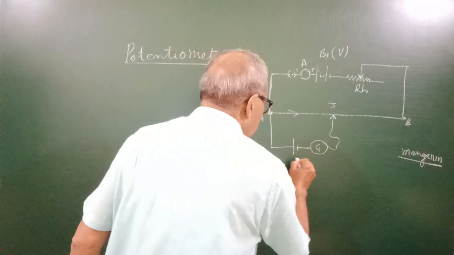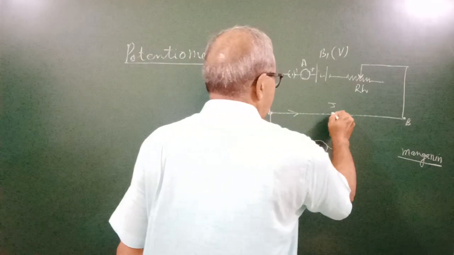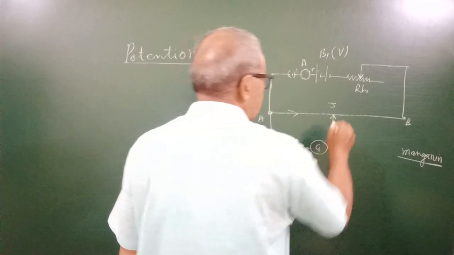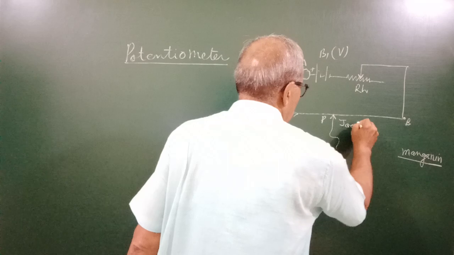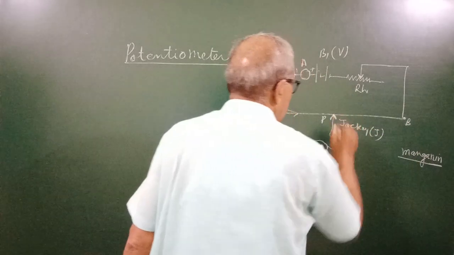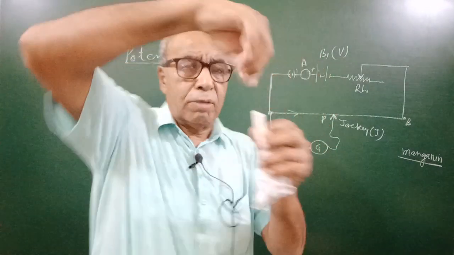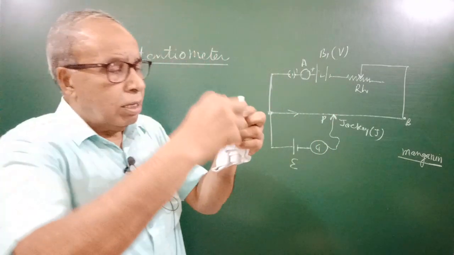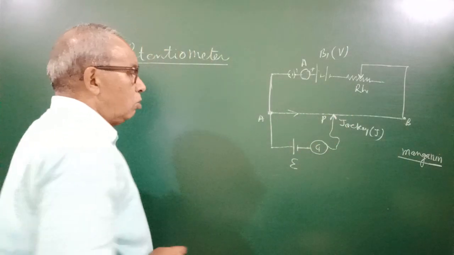Now, suppose this is E. If we find point J, or I will say P, actually this is the jockey J. The jockey is called J. Jockey is nothing, simply a conductor. Here the wire is connected and a conducting wire is put here. You can see it in the lab.